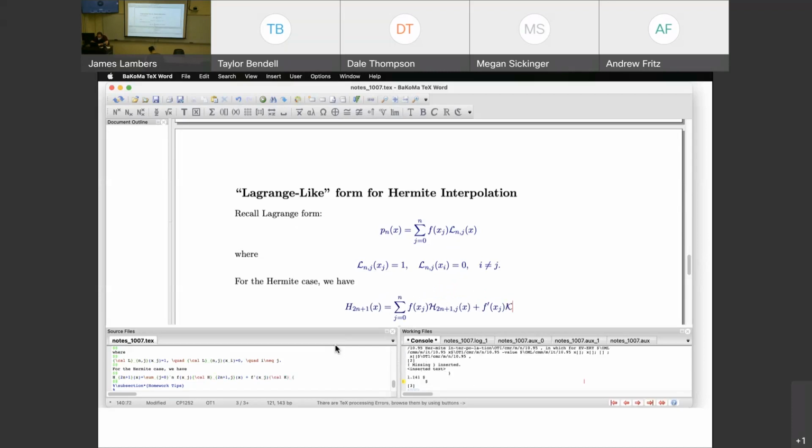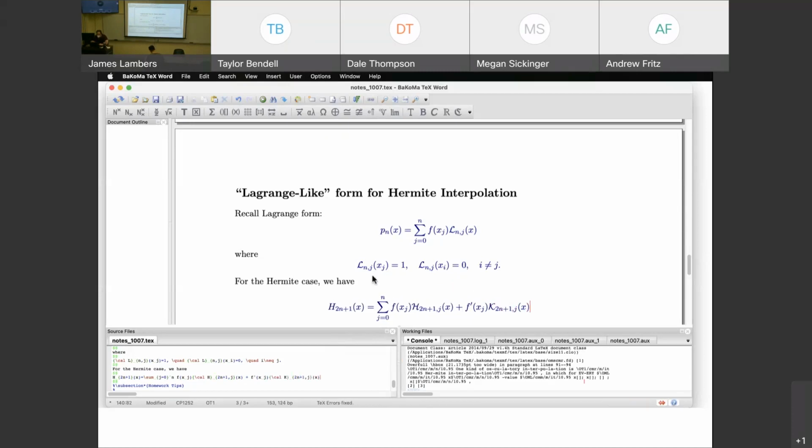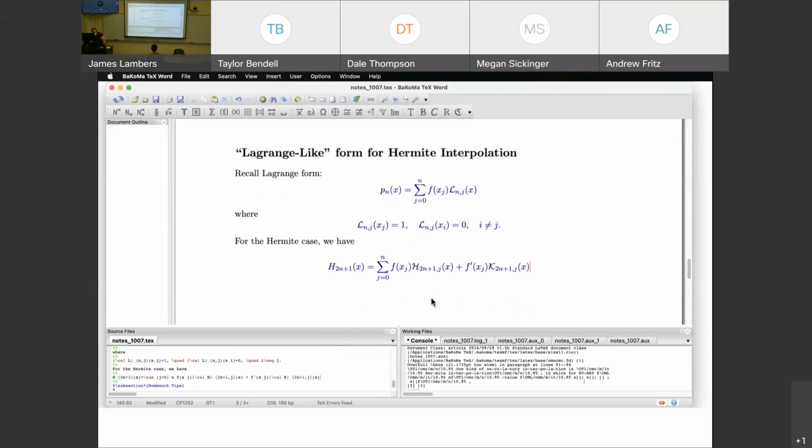And these polynomials are called k's. All right. So we need to make sure that if we substitute in one of these x values, we get the appropriate f value. We also have to make sure that if we take the derivative of this and substitute in a certain x value, we get the appropriate f prime value. So that criteria leads to criteria for these currently unknown polynomials, the h's and the k's.